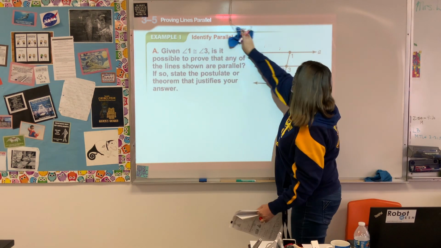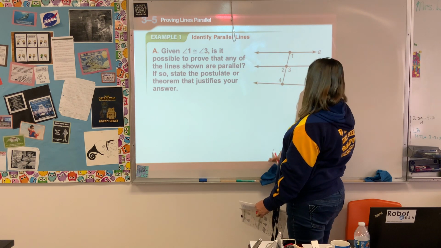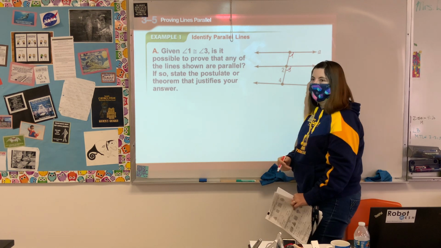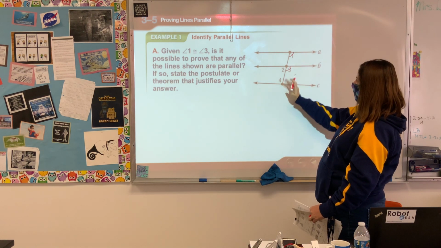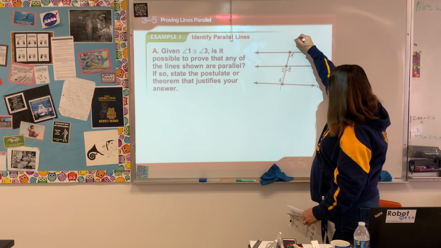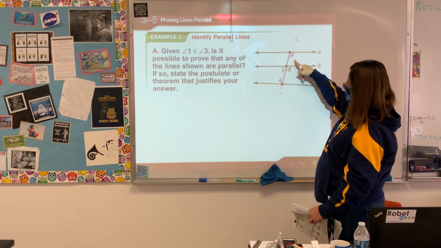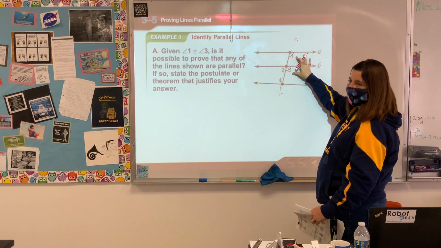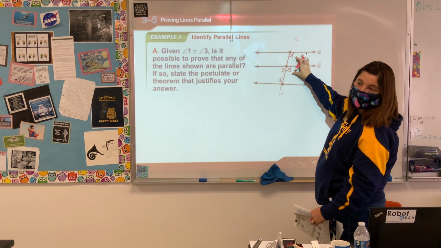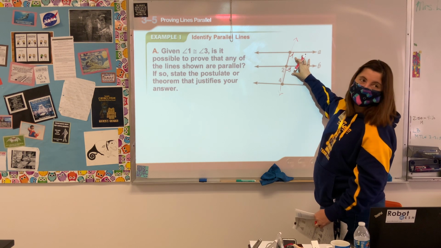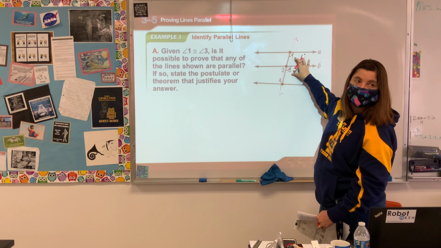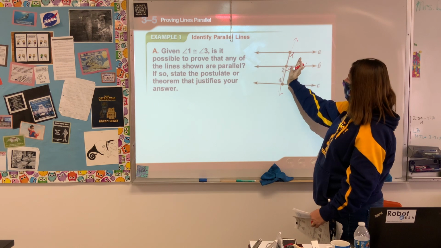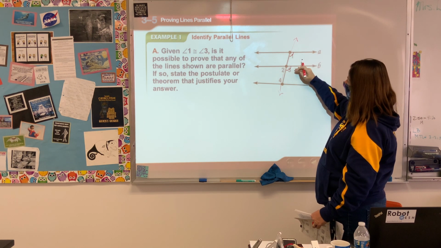We are given that angle 1 is congruent to angle 3. These two are congruent and cut by this transversal here. What type of angles are they? What's their relationship? Angle 1 and angle 3 are corresponding. We can't have parallel angles, we can have parallel lines. They're on the same side of the transversal, same side of these lines.